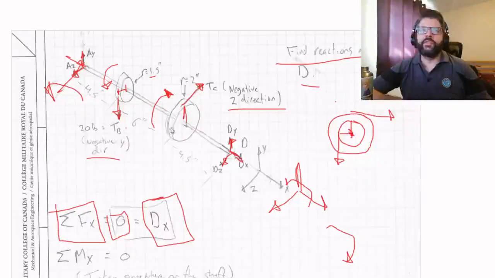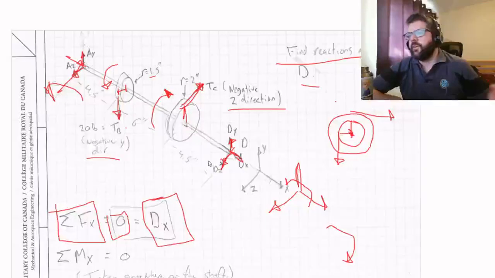again, any forces that are acting parallel to that axis, such as TC here, or DZ here, those don't show up at all in the calculation because they're acting parallel there. So the only forces that are going to be caught, if we're just holding on to the end of, I'm going to clean this up a little bit.